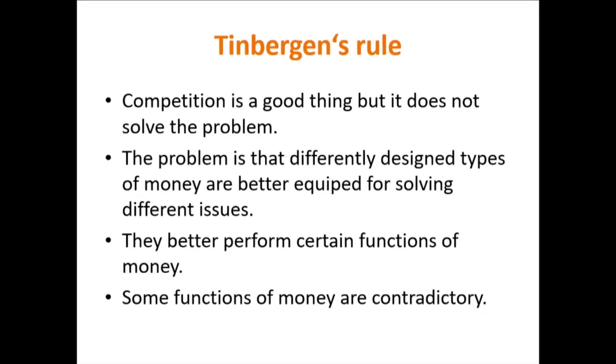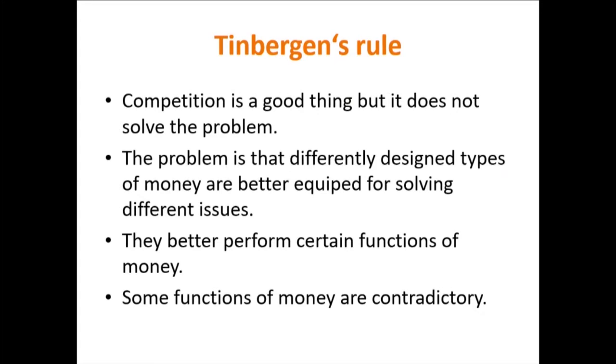And he agreed that, well, competition, yes, that might be a good thing, but maybe it will not solve the problem, because the problem is that differently designed types of money are better equipped for solving different issues. So when there is a controversy between the functions, you just cannot stabilize or design one currency to perform all of the functions at the best.